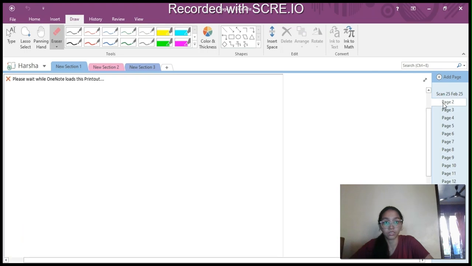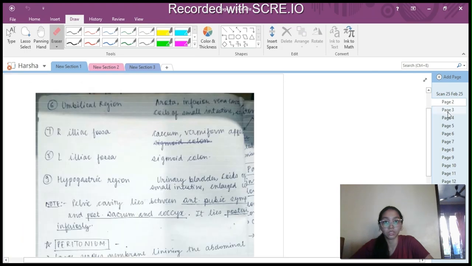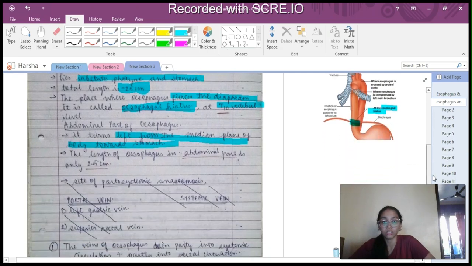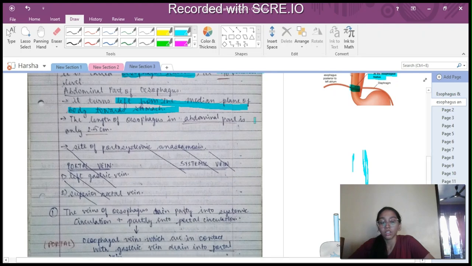Moving on further. The length of the esophagus in the abdominal part is how much?